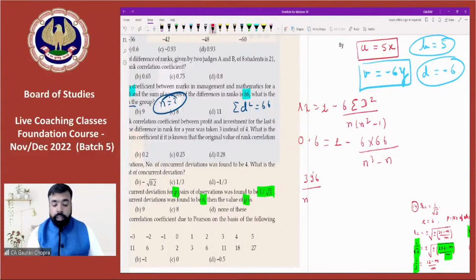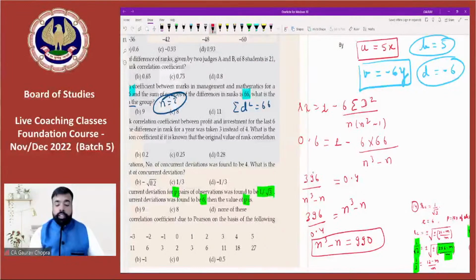Upon 0.4. Now let us do cross multiplication. 396 upon 0.4 gives N cube minus N equal to 990.